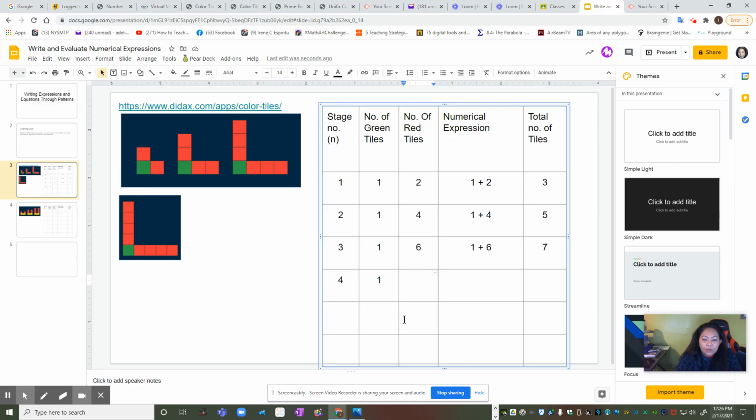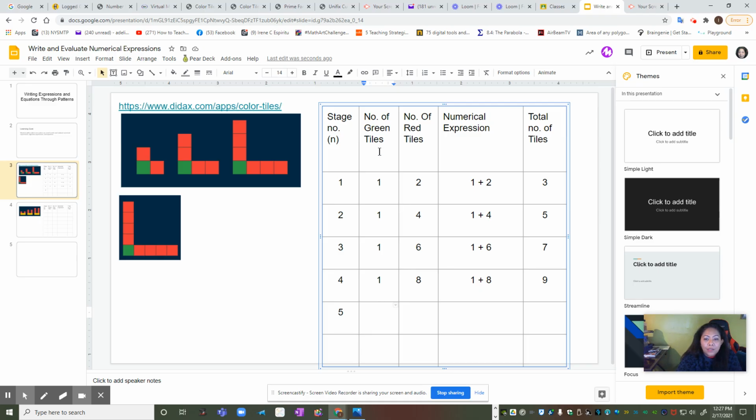So for stage 4, yes, I have one green tile. And then the number of red tiles will be 8. And the numerical expression will be 1 plus 8 will be equal to 9. So what about stage 5? Look what is changing and what is not changing.